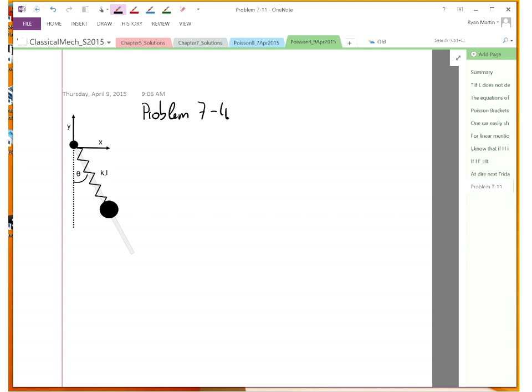So this is our pendulum with a spring on it. I'll let you make a quick drawing for yourselves. Not going to be as good as what I can hand draw here. And then we'll get started.